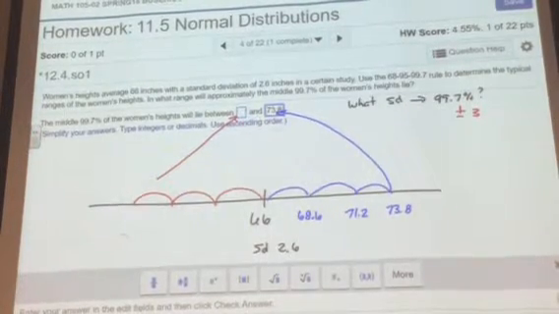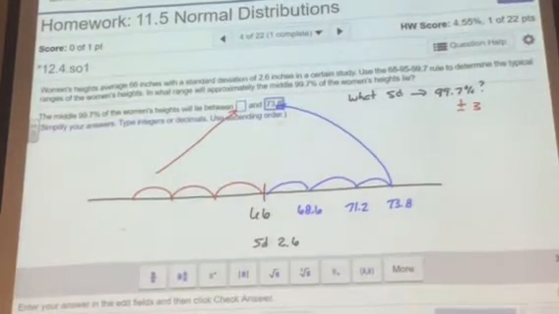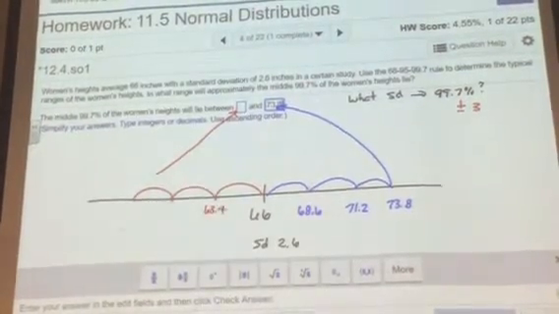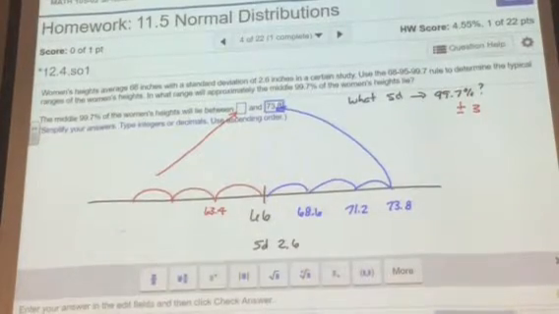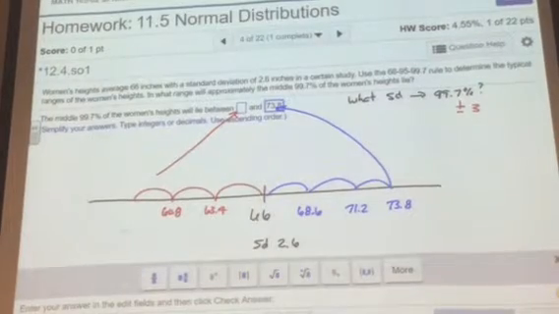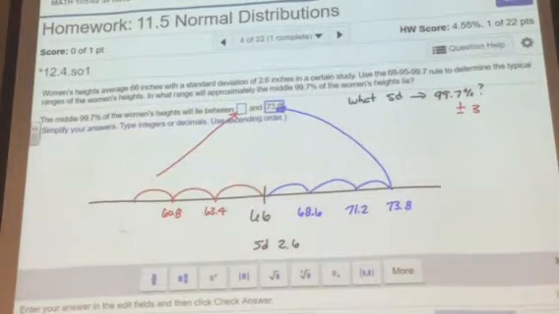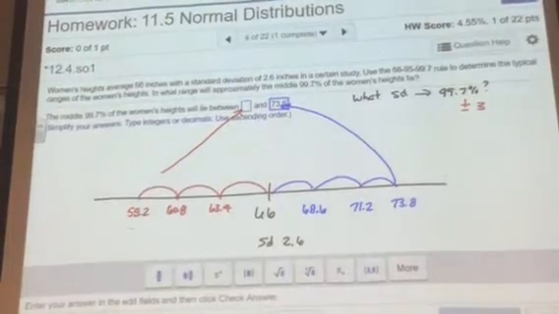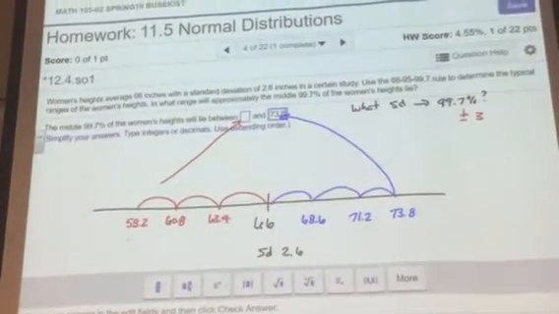And then you can do the same thing with subtraction. This is going to be 2.6 smaller, so now I'm at 63.4. And then I take a 2.6 away from that, and that's going to give me 60.8. And then I take a 2.6 away from that, and that's going to leave me with 58.2. And that's the number that you're going to put inside here.